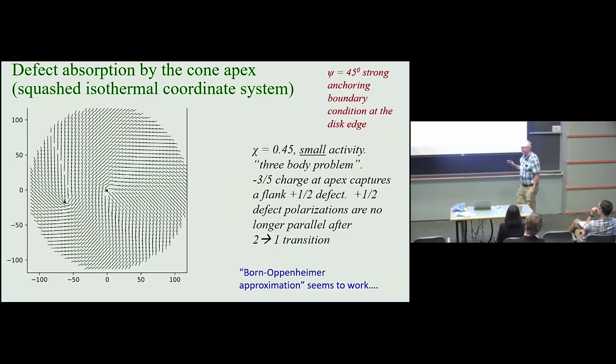There's a point where somebody comes up to this young guy and says, "Oh, I really love your theory of the chemical bond." Well, that's what this is doing for us. We're saying that the texture can relax almost instantaneously to the locations of these plus 1/2 defects. That's only an approximation, but it seems to work reasonably well.